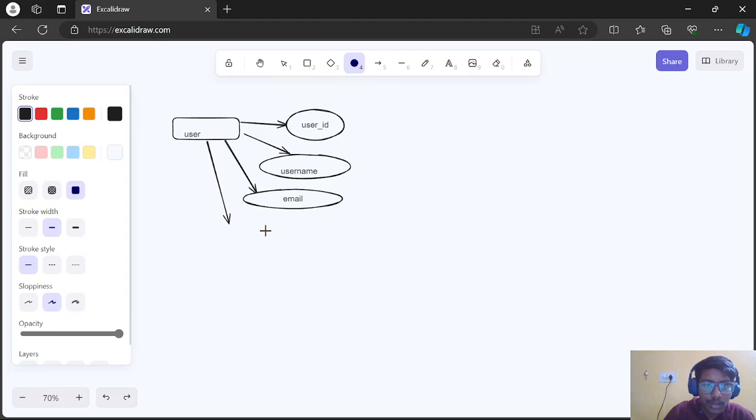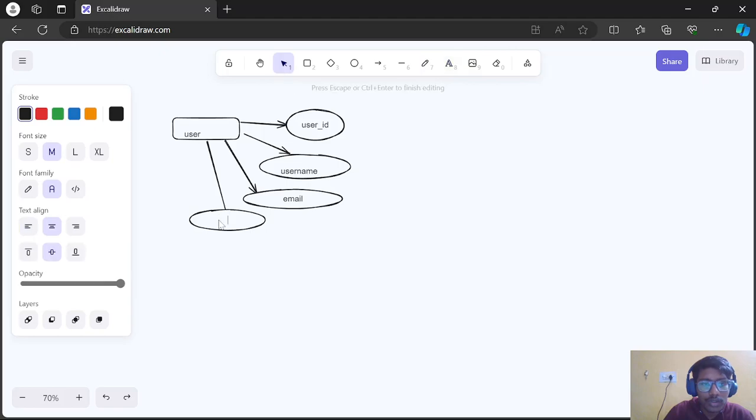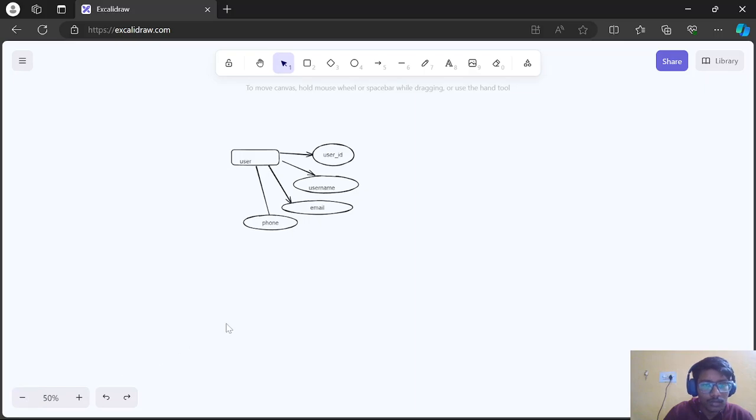And this is the last attribute of the user entity, which is nothing but the phone number of the user. And let's go with the next entity.